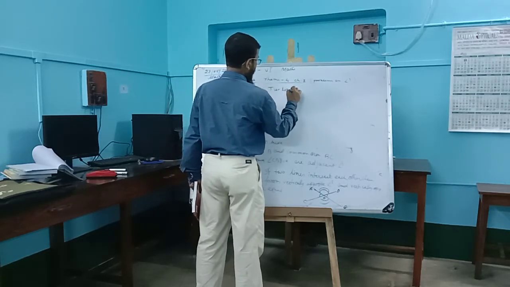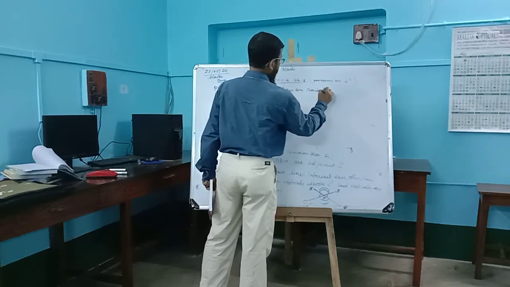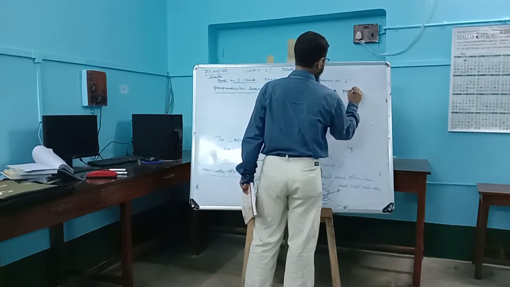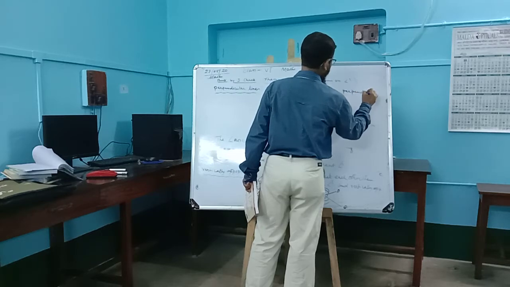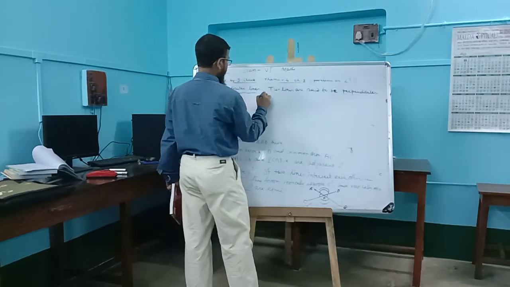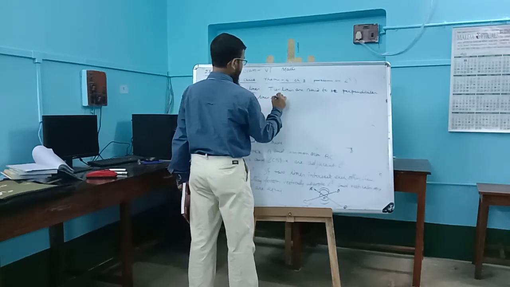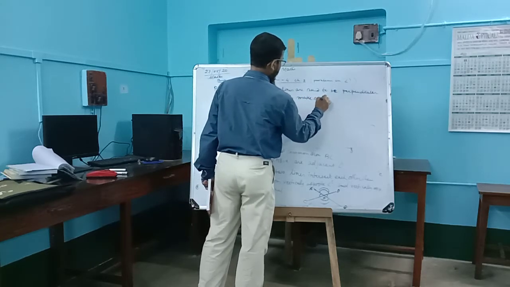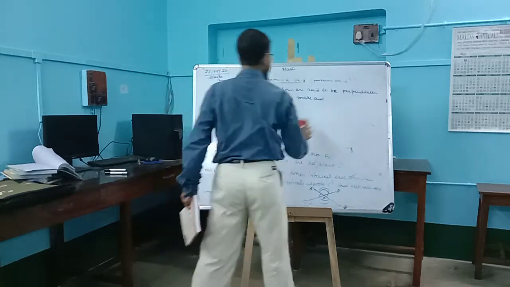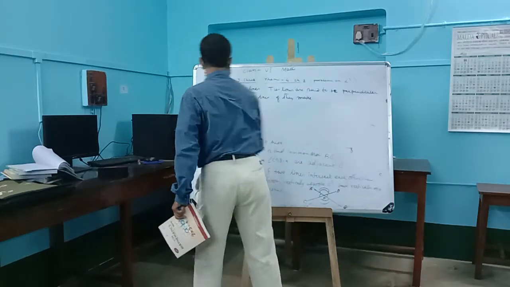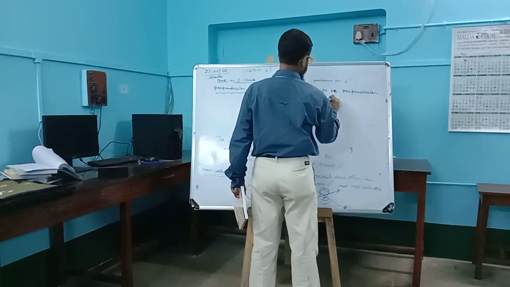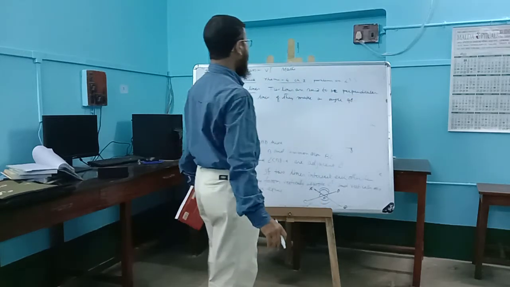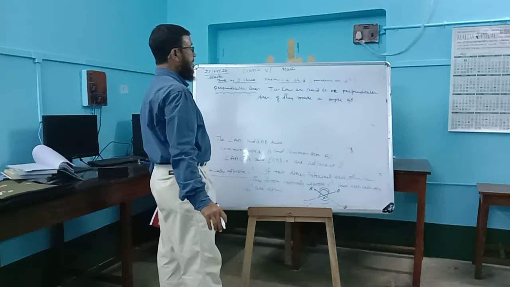Two lines are said to be perpendicular lines if they make an angle of 90°.